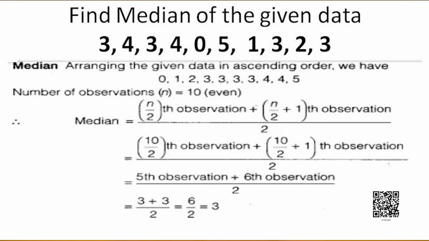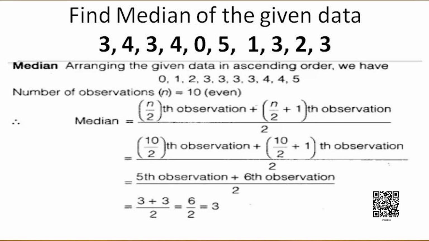So it is even. So let us use the formula for even. So I have written 10 observations, then I have written the formula: n upon 2th observation plus (n upon 2 plus 1)th observation, right?